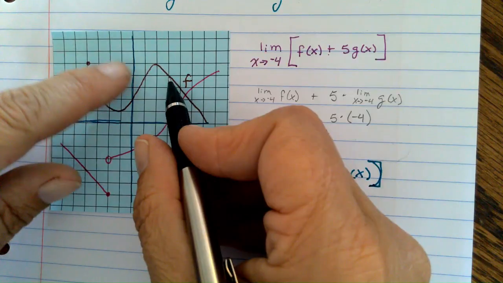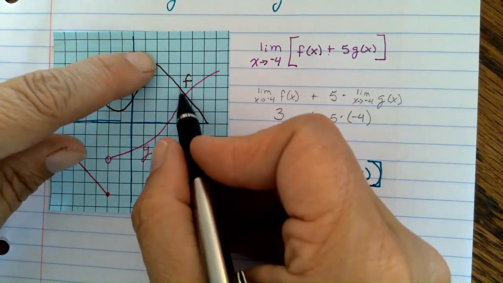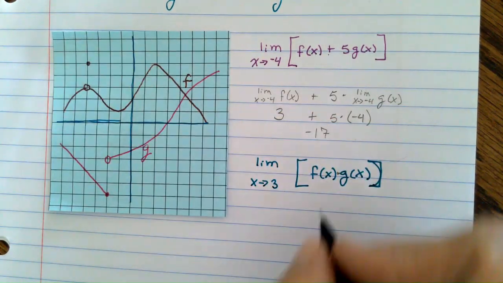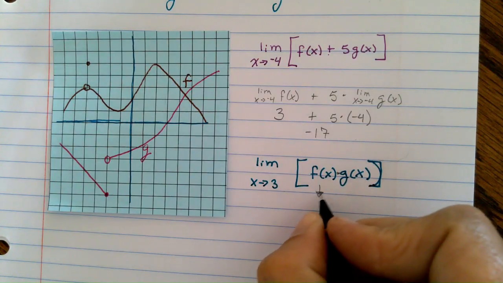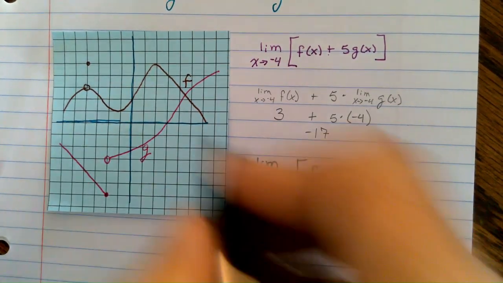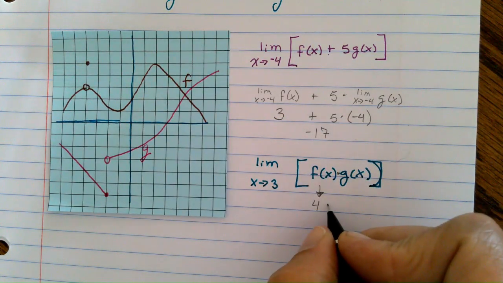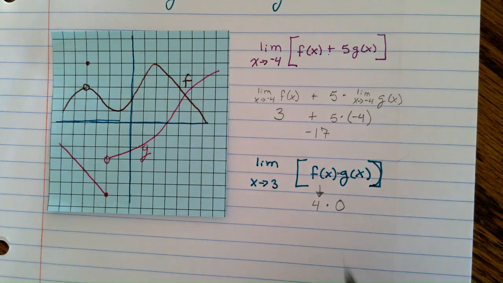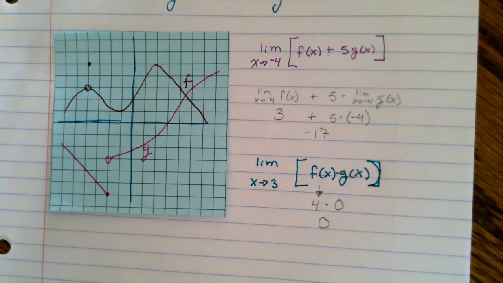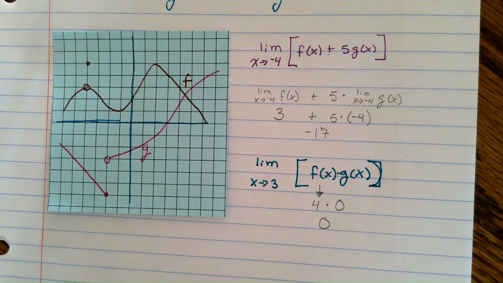So, well, definitely f is closing in on a value of 4. G of x, closing in on 0. So that product would therefore be 0. So you can use the graph to find advanced computational limits.